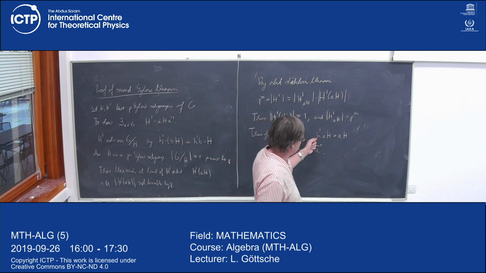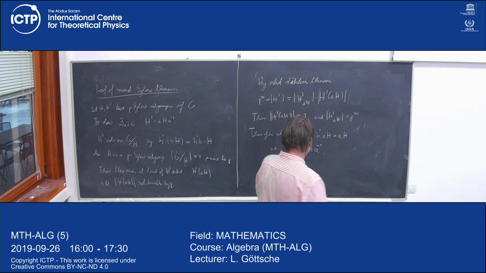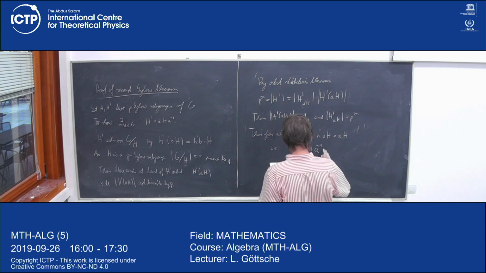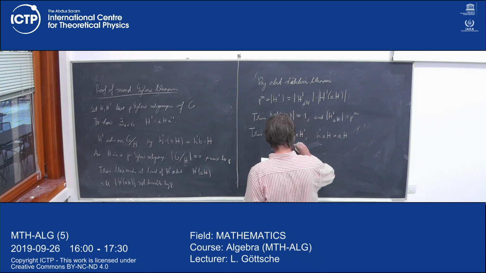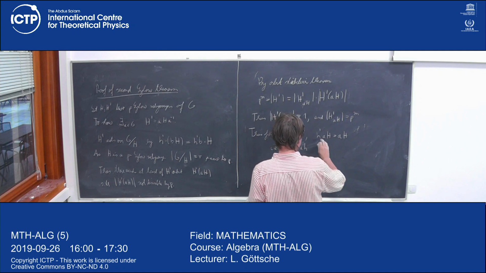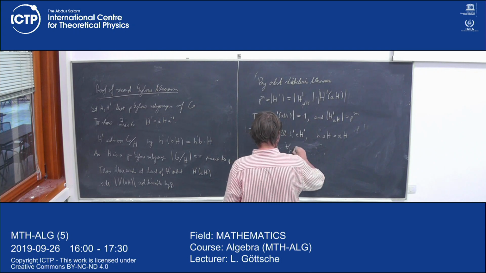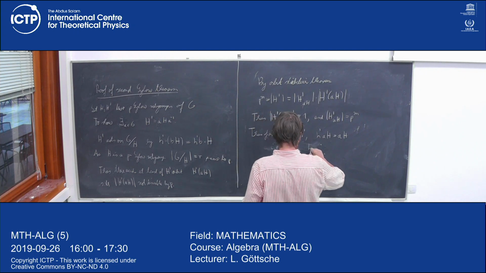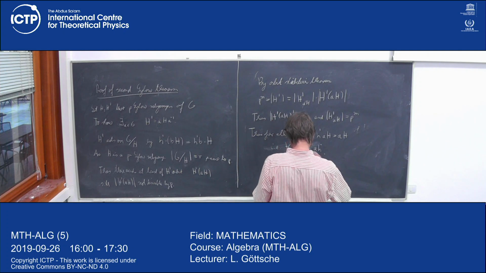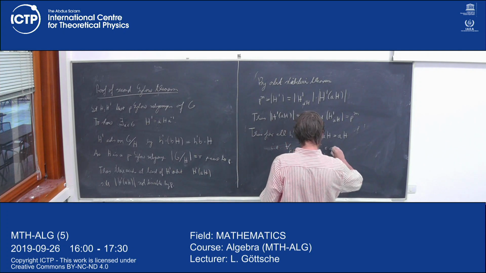But I can also make it slower: so for all H in H, we have that H prime AH is an element in AH.